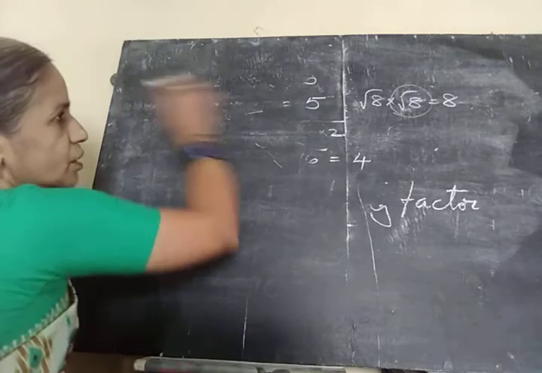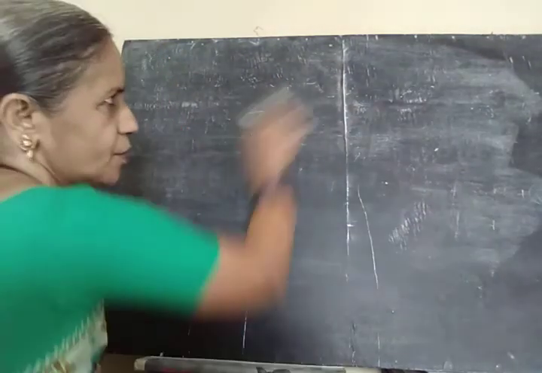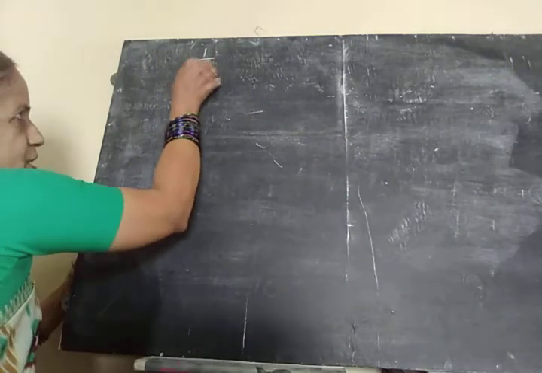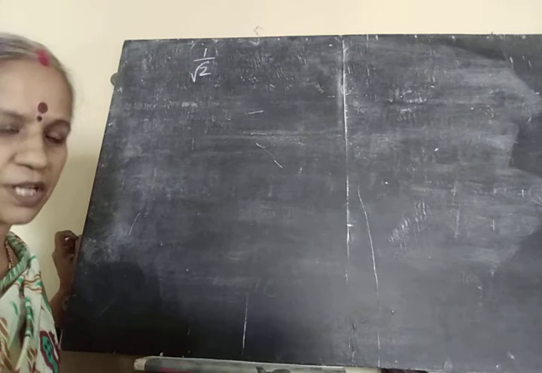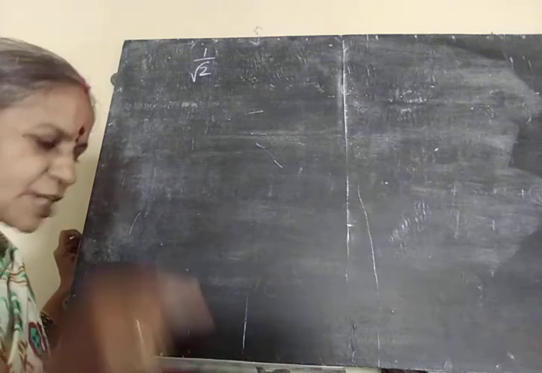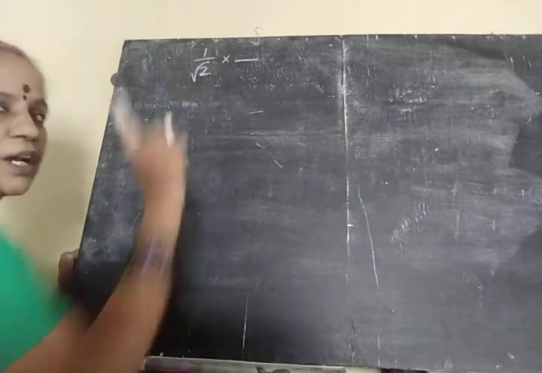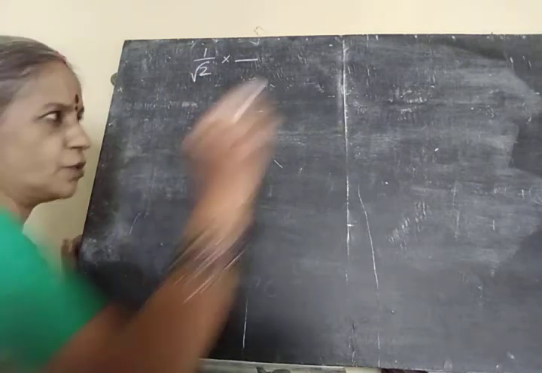Now, denominators we have to rationalize. See, for example, 1 by root 2 is there. The denominator is irrational. So to rationalize the denominator, you have to multiply by its RF. What is the RF of root 2? Root 2 only.